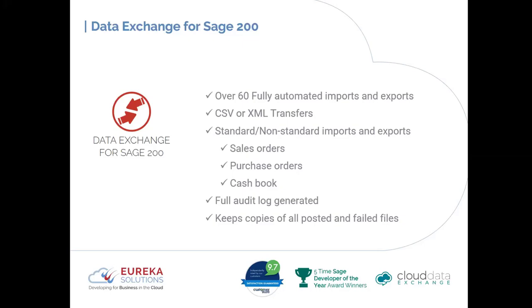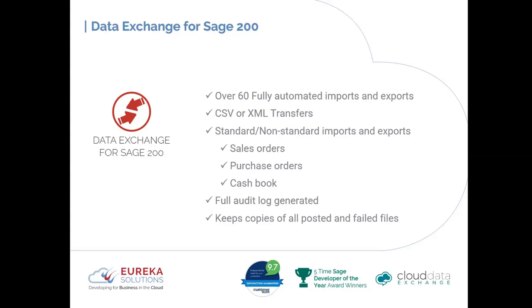We can also import purchase orders, cashbook transactions, and many, many more that we'll see when we get to the product. Data exchange also provides a full audit log of everything that's done in and out of Sage 200, and it keeps copies of posted and failed files.